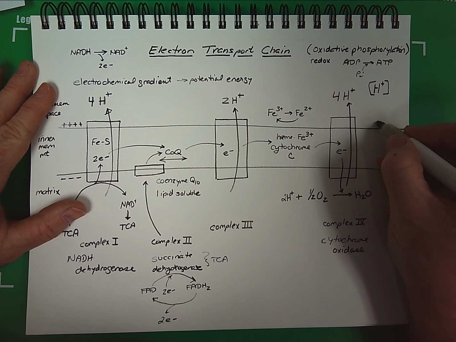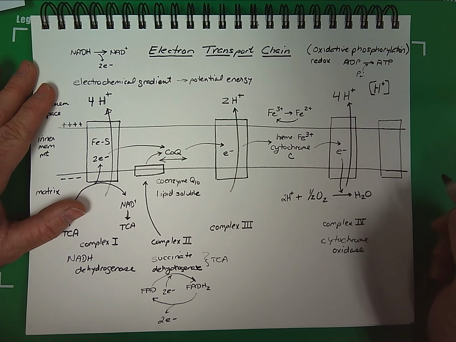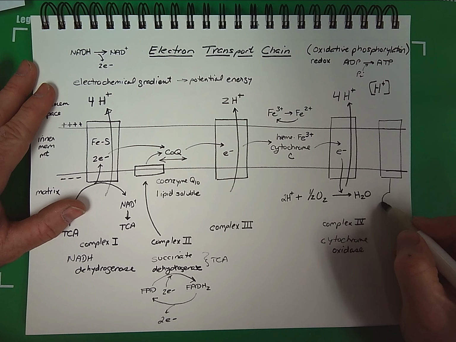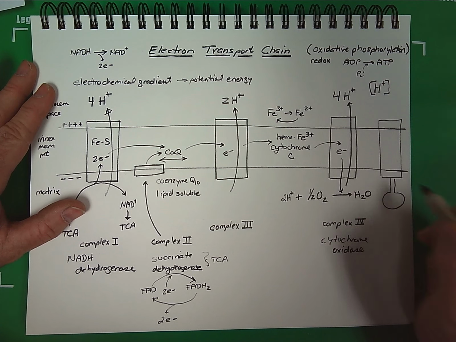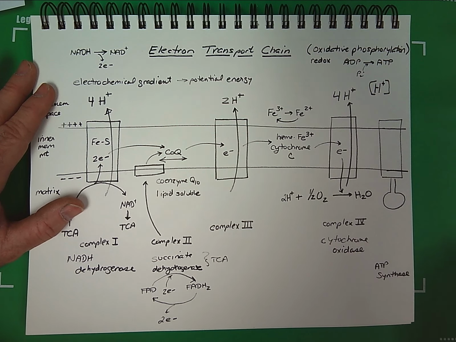Now, the final complex that we need to concern ourselves with in the mitochondrial membrane is what is called the ATP synthase complex. This is the final enzyme structure that will be taking ADP and converting this to ATP.